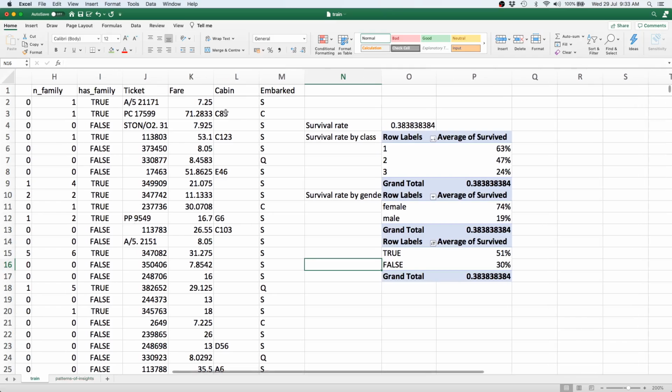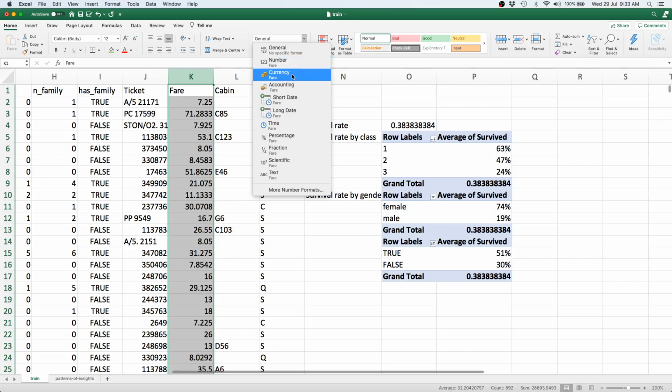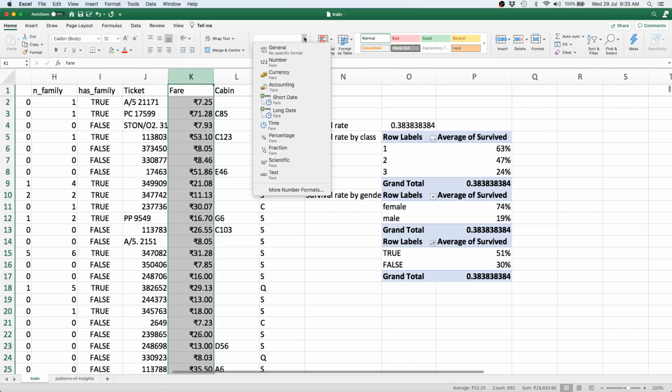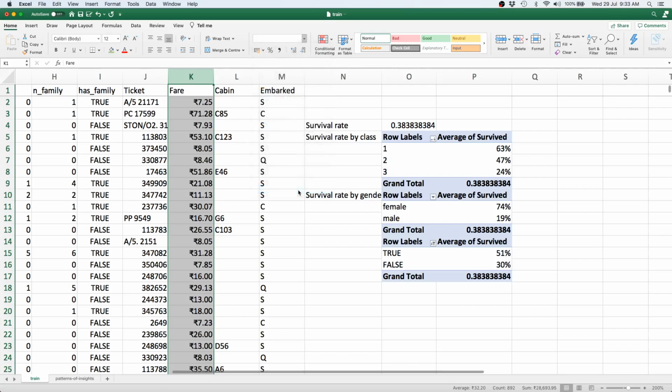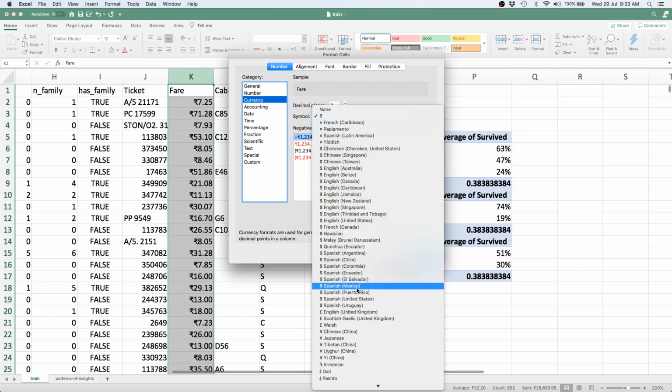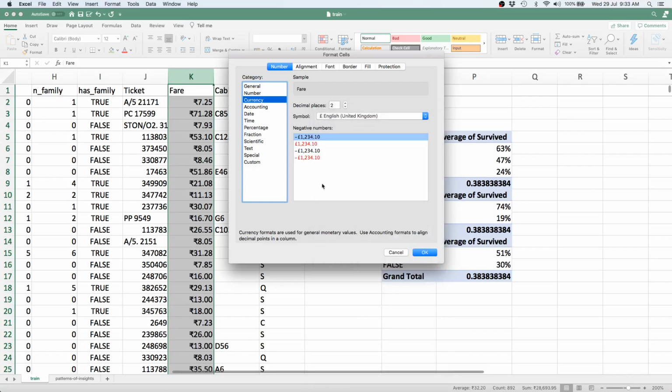What we can do is simply have the fare over here, and let's format this as currency. So here we can go to the formatting tab, and we say that we want to format this particular thing as a currency. Now, clearly it has picked the Indian rupee as the currency symbol, but we can go a little ahead and click on more number formats, and instead of the rupee symbol, we can use the Great Britain pound.